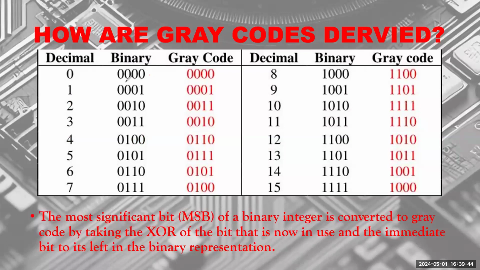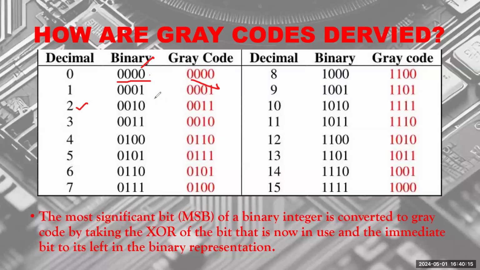Okay, so I was talking about this, 0000, and this zero is actually the most significant bit. In gray code for 0000, we don't have a conversion, we have the same thing. It goes the same way for one, but when we go to two in decimal, what happens in gray code? We know that it's just one bit change.